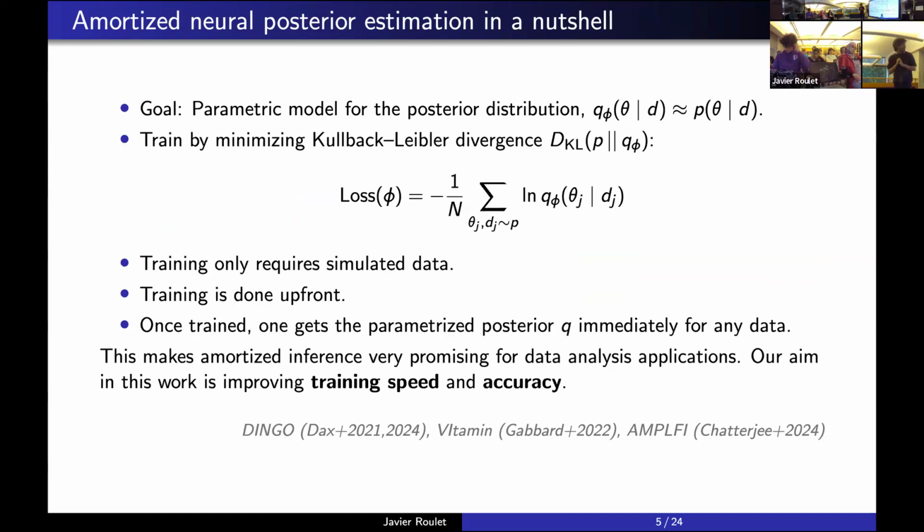So in here, our goal will be to find the parameterized form of the posterior distribution. Here I'm calling theta the physical parameters of the source, think masses, distance; d is the data, and p is the true posterior that we want to infer, and we do that by approximating it with some functional form, q, that could be, for example, a normalizing flow or flow matching or other techniques.